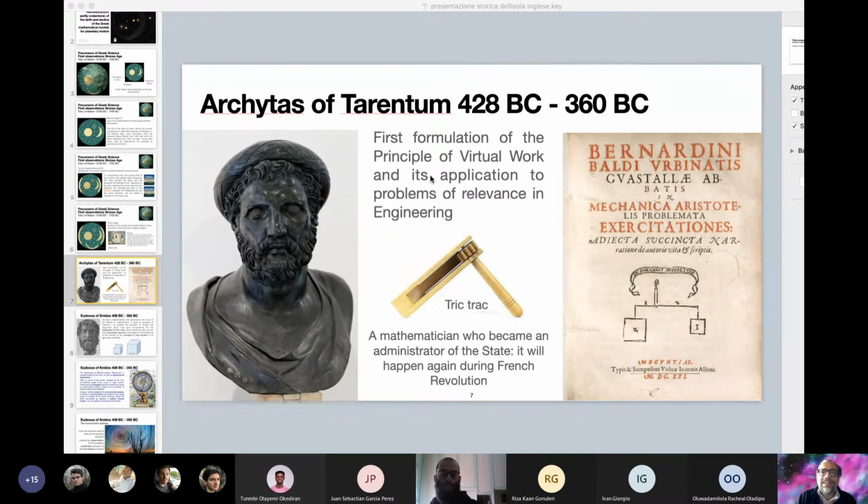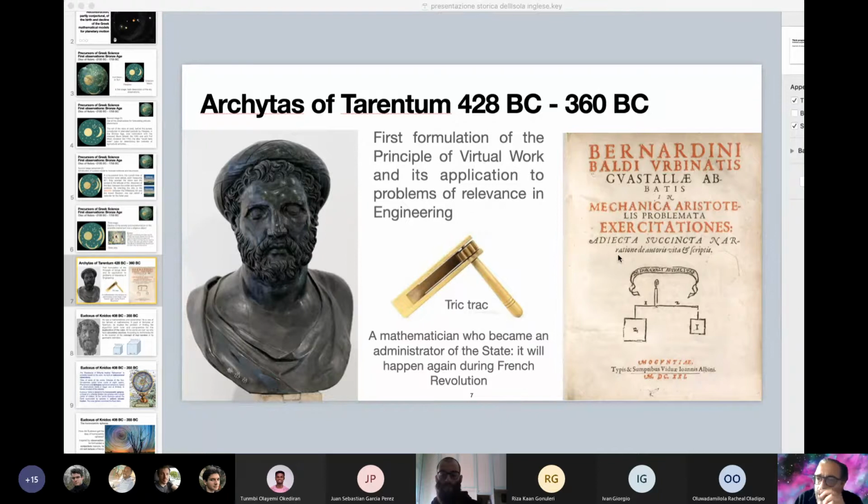We know that Archytas of Tarentum wrote a book. Now, I want to tell you how this book is arriving to us because it is an interesting story. This is the first page of a book written by Bernardinus Baldi, where he claims that he's translating into Latin Mechanica Aristotelis Problemata, which means mechanical problems by Aristotle.